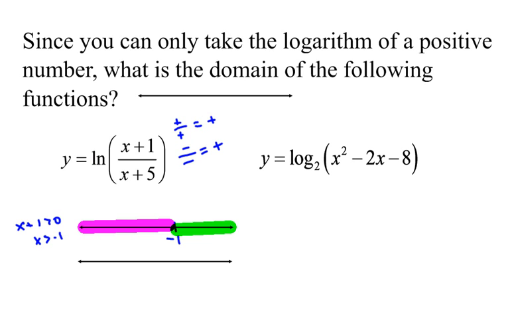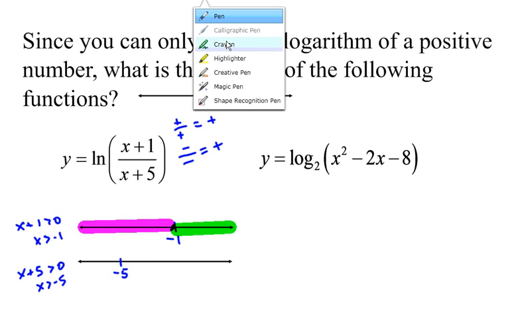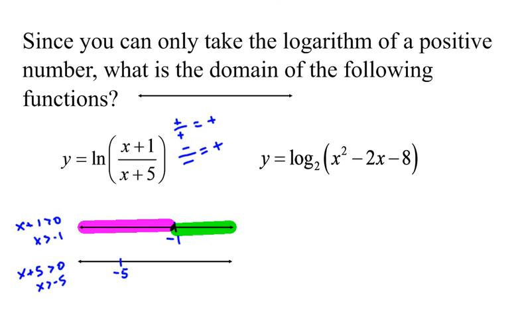And then I can do the same thing with x plus 5. x plus 5 also needs to be greater than 0, so that means x has to be greater than negative 5. Here's negative 1. I know negative 5 is below it, so I'm going to go right there. And I know that it's positive when I'm bigger than negative 5, and it's negative when I'm less than negative 5.